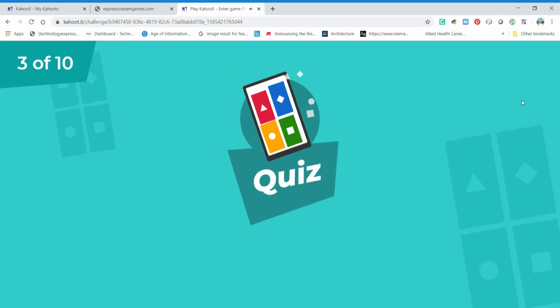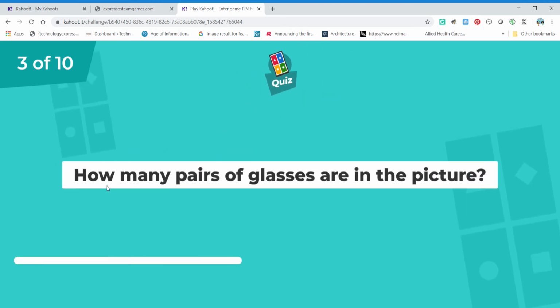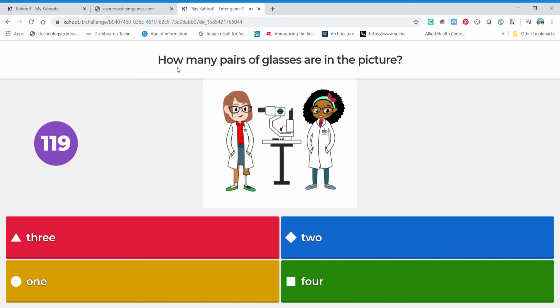Isn't that fun? Okay, number 3. How many pairs of glasses are in the picture? Well, Sarah's wearing a pair of glasses, and her friend here is wearing a pair of glasses. So count them up, and let's look at our options.